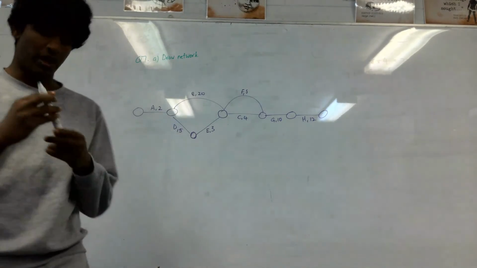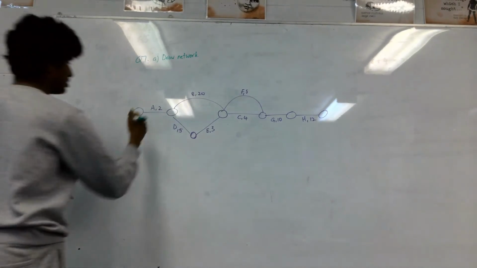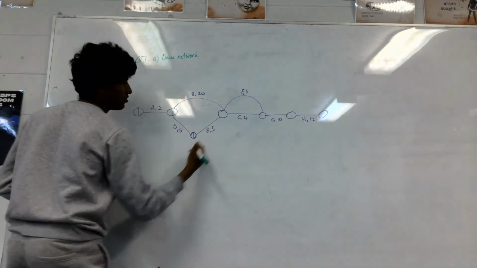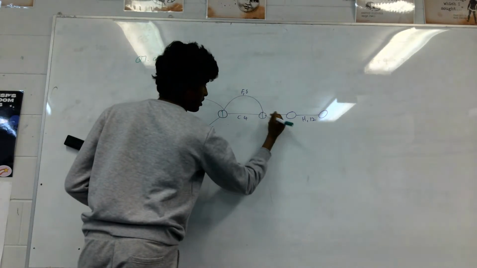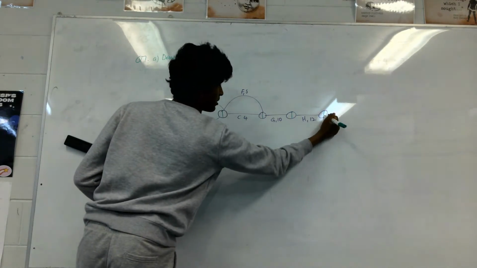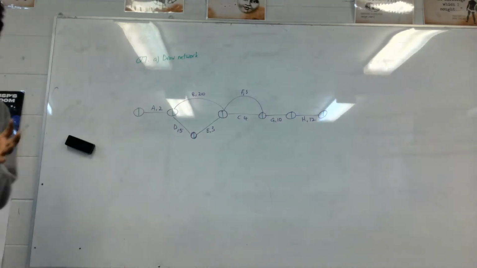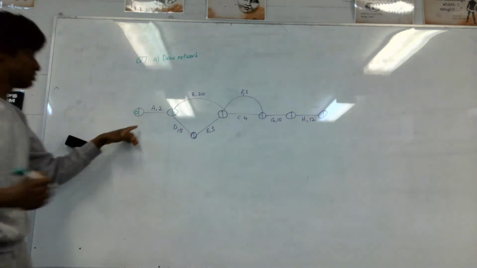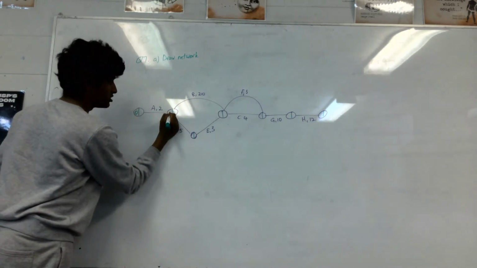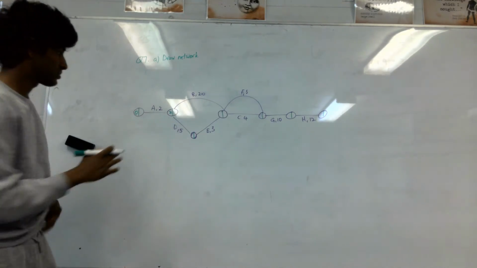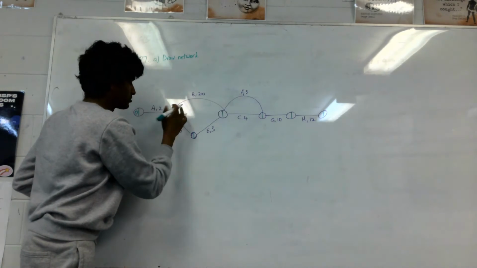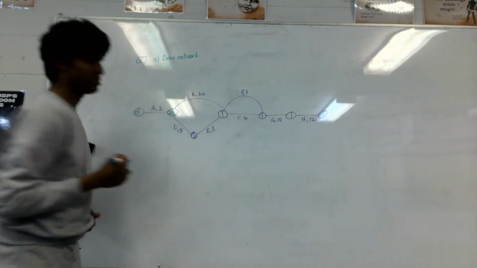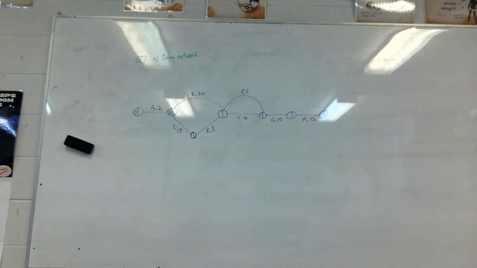Alright, we're moving on to part B, which is forward scanning. I'm going to split all these in half so we can do the forward and backward scanning. Alright, when no activity is started, we have 0 time passed. 2 minutes to do activity A, we get to 2 minutes there. Sorry, I'm going to make that bigger so you guys can see it somewhat.